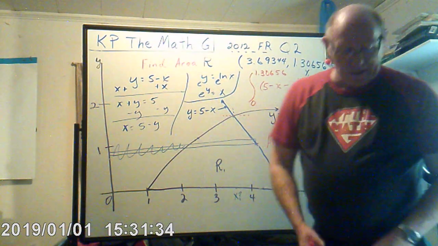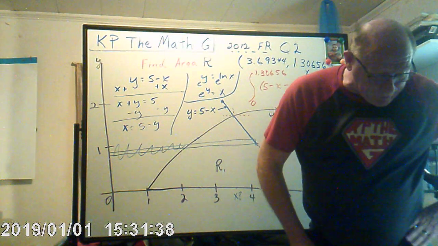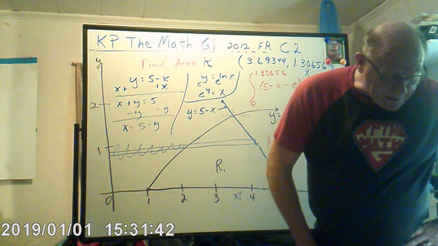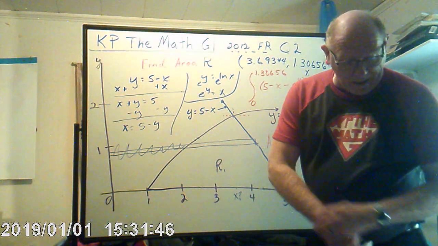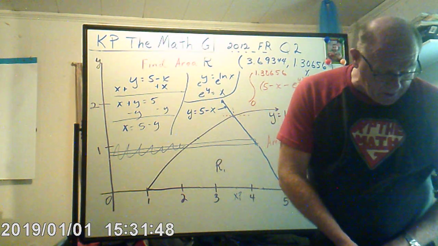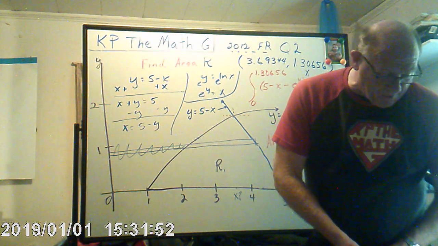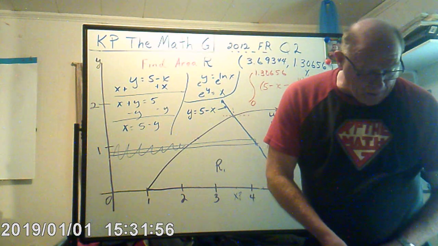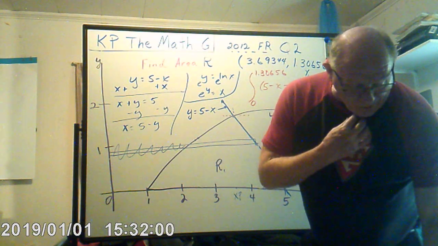Alright, that's mainly what I wanted to show you on that one. There is a part B and a part C that perhaps I'd like to show you. Let me do that in another video. I would like to do that in another video, but this is mainly what I wanted to show you.